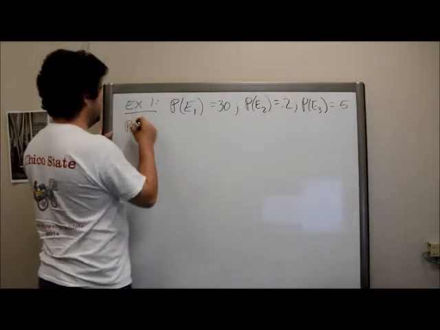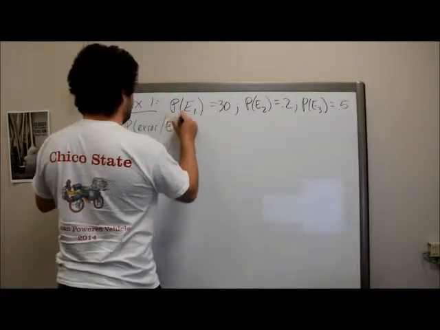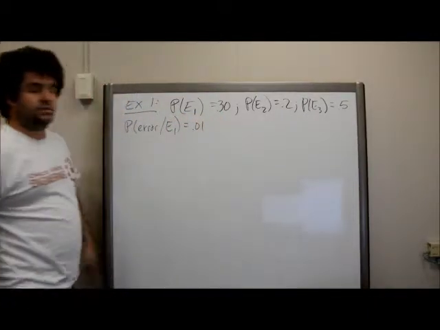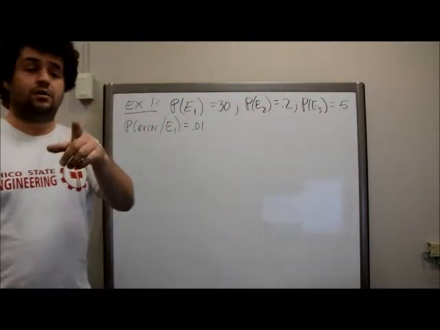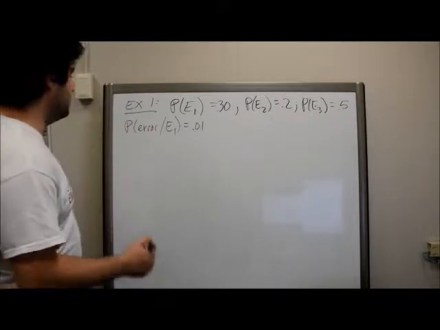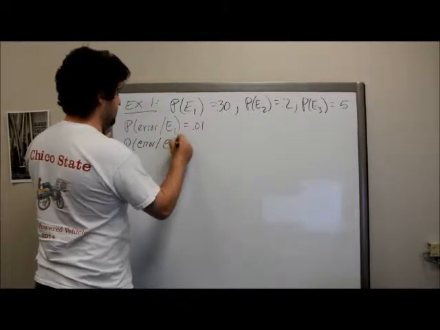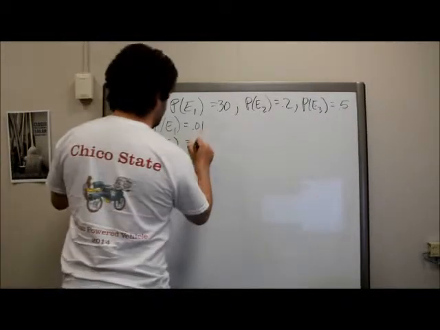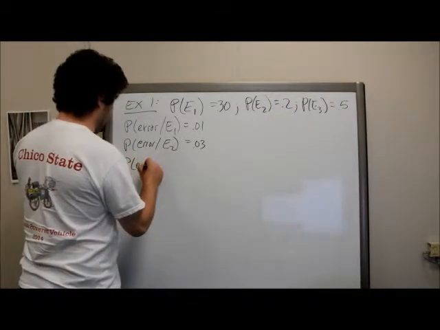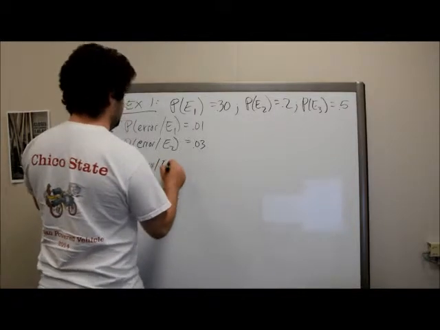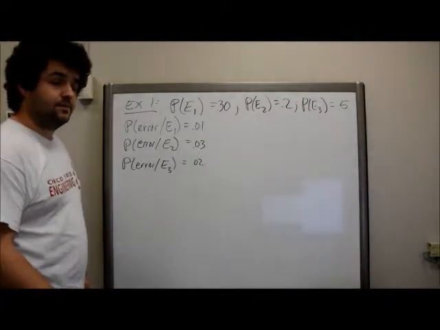The probability of an error, given that it was done by engineer 1, is 0.01, which means that out of 100 jobs, he's going to make an error on 1 of the bids. For engineer 2, it was 0.03. That's 3 out of 100 jobs he makes an error. And for engineer 3, 0.02. That's 1 out of 50 he makes an error.